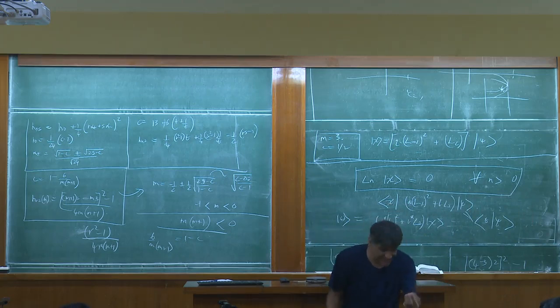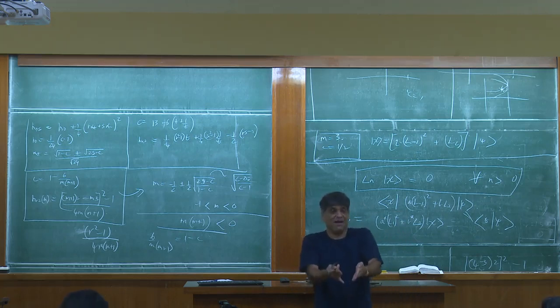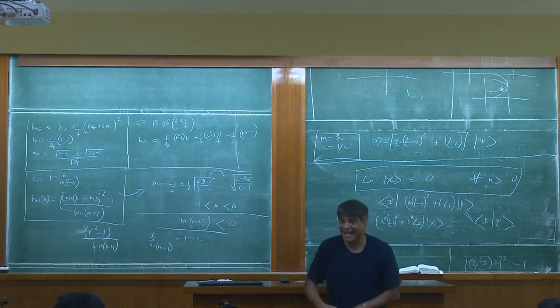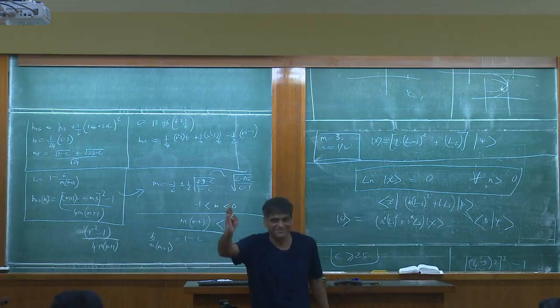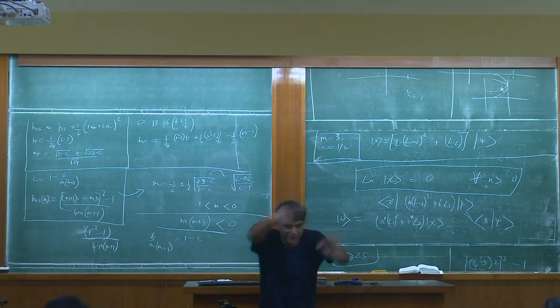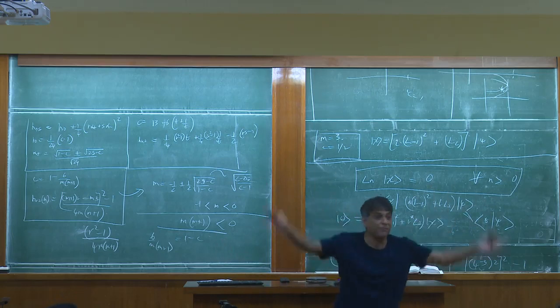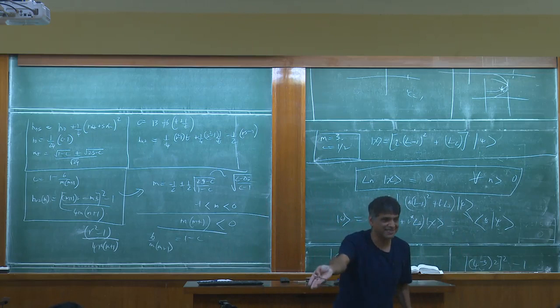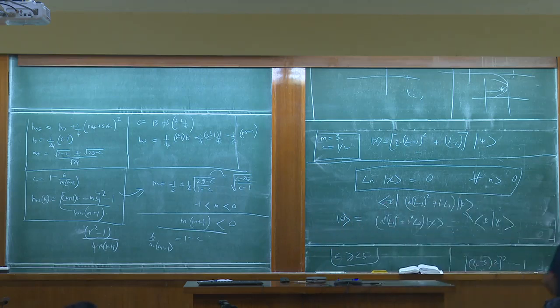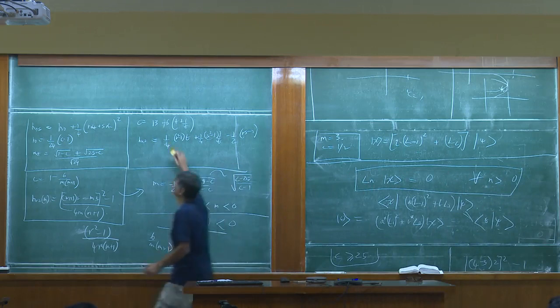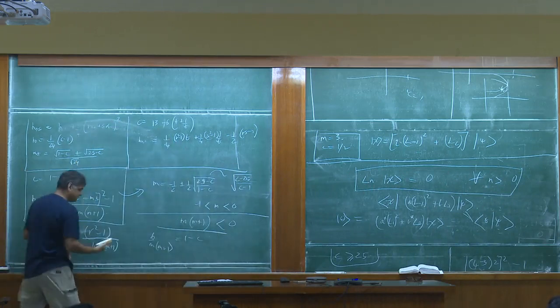These primaries are null, they are orthogonal to everything else, and we're going to remove them. We're going to declare that they are the zero state. That's how we'll get a positive definite inner product in a unitary theory, despite having null states, because these null states are going to be declared pure gauge. Is this clear? Okay, so now let us try to understand this at level 2.